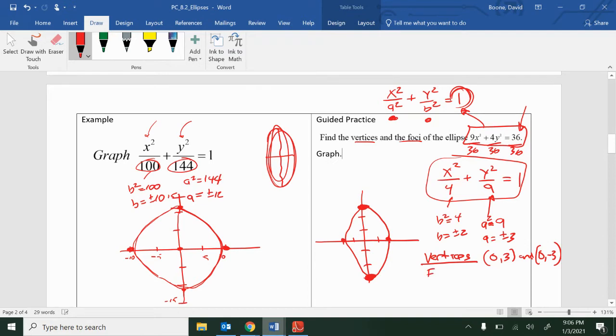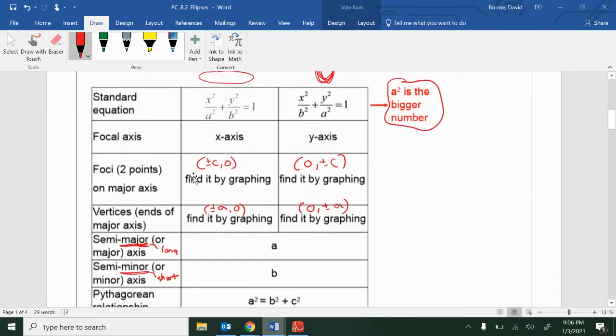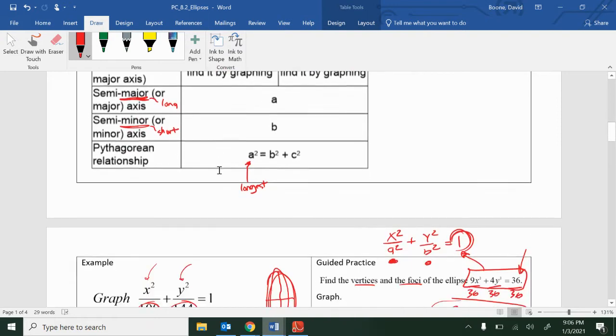All right. The foci. So this one we do kind of have to remember. If we go back up here, foci are those c values. So we're looking for how far away those are from the center.